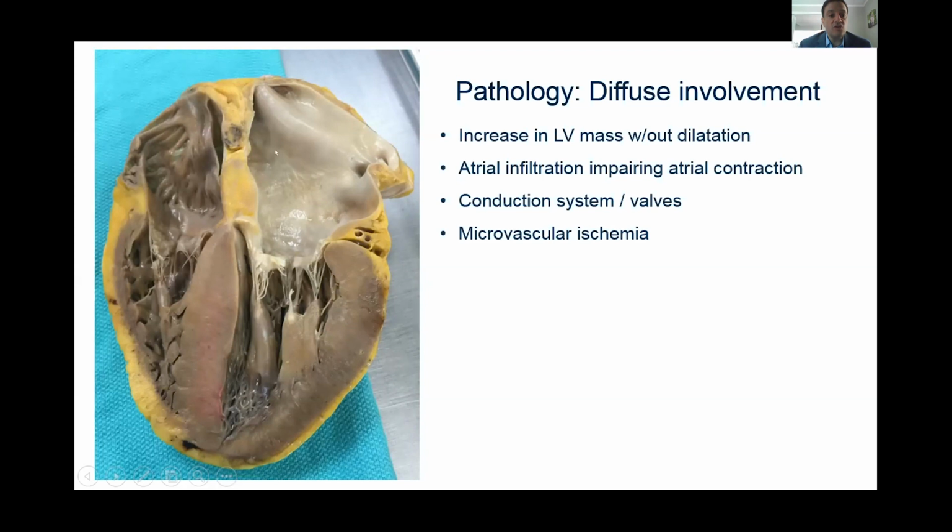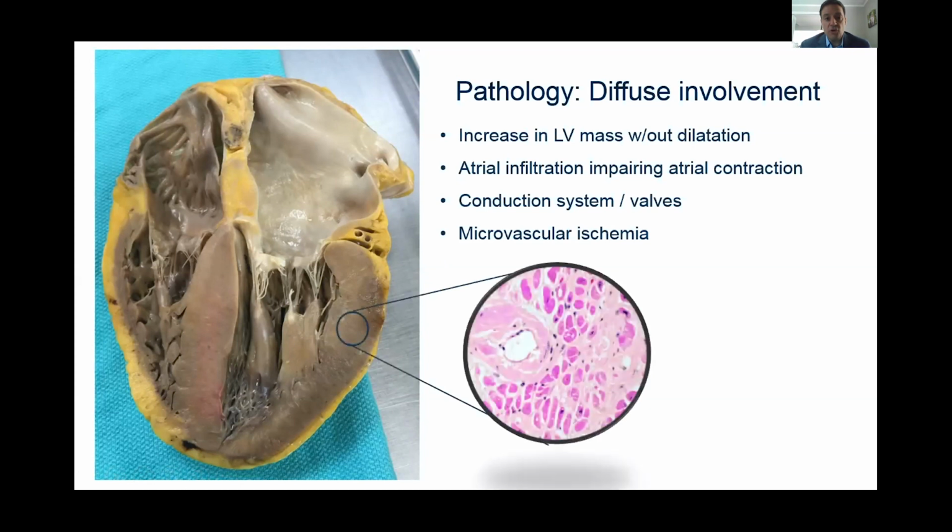You universally get atrial infiltration, causing dilatation and interatrial septal thickening, and you can also get involvement of the conduction system, and mild to moderate thickening of the valves is not uncommon. You can also get deposition in the small intramural coronary arteries, which causes microvascular ischemia.